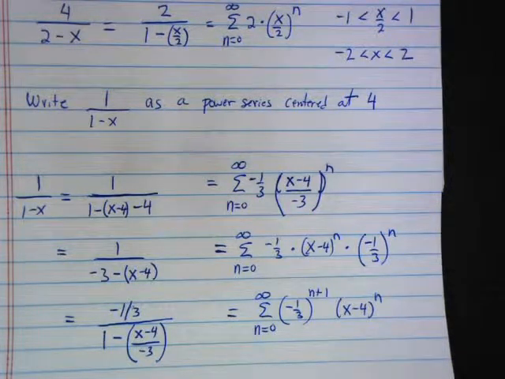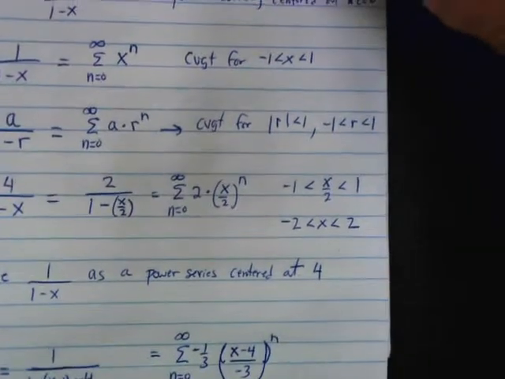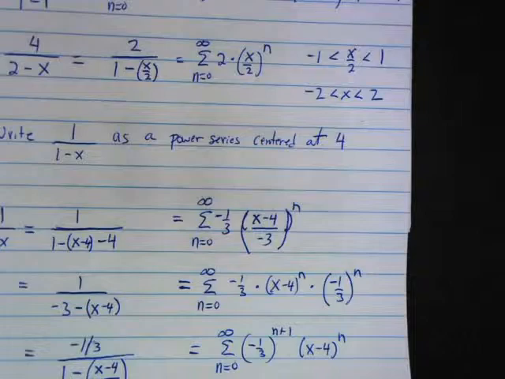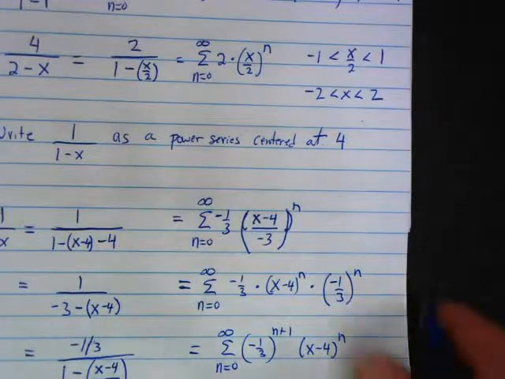Any reason? Telescoping series. Not telescoping. What's our general form for a power series? For power series, we usually have, what do we have in front of the x minus c?